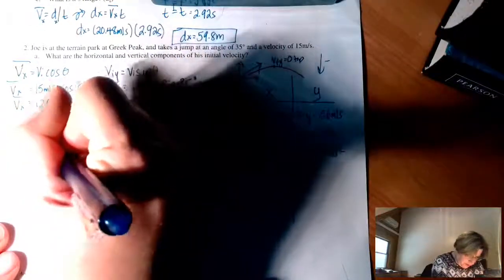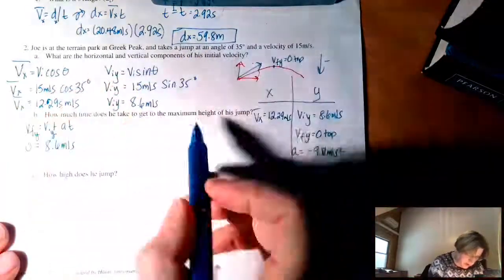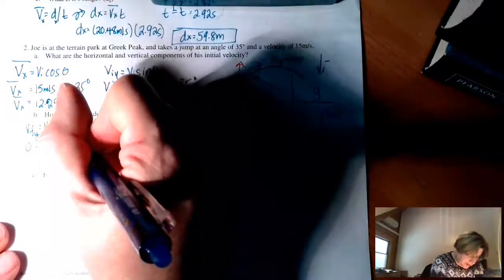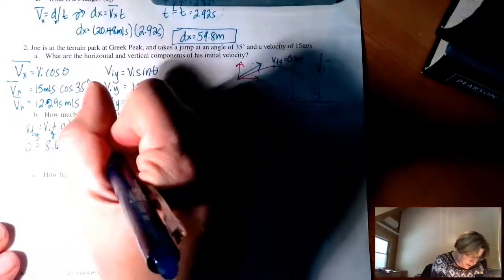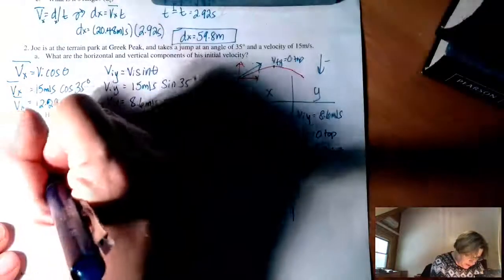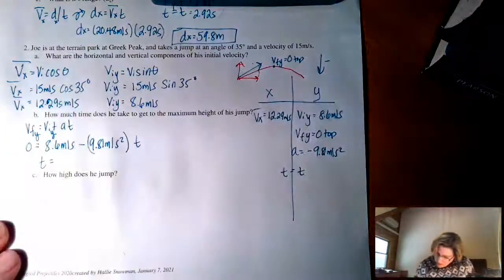Again, notice I'm not putting the 15 in here. Plus a negative 9.81, because down is the negative direction, times t. And when I do the algebra on that, I get that time equals 4.2 seconds.